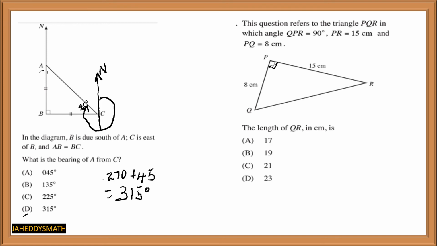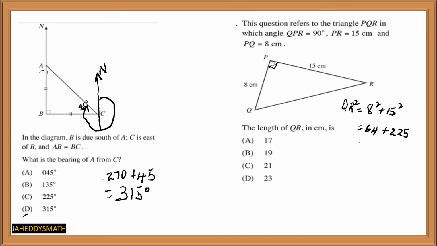Now, once you have a right angle triangle, and you are given 2 sides to find the third side, we would use the Pythagoras theorem. So we have that QR squared is equal to 8 squared plus 15 squared. This gives us 64 plus 225.